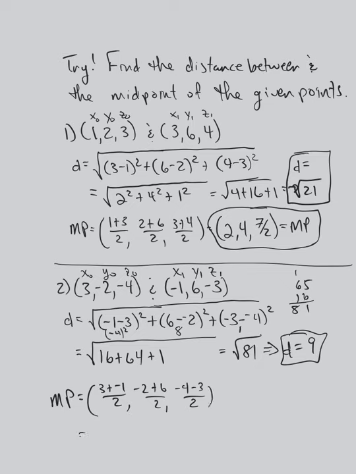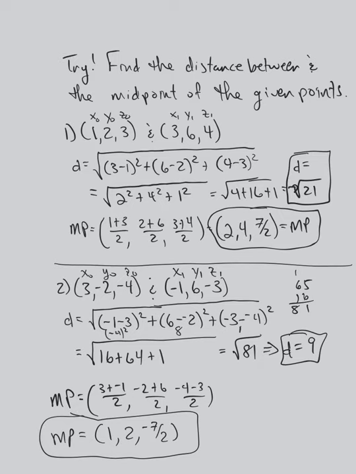So we have 3 minus 1, which is 2 over 2, that would be 1. Then we have -2 plus 6 is 4 over 2, which is 2. And then -7 over 2. That's interesting too. I really just made up these two problems off the top of my head. In the first problem we got on our z coordinate +7/2, and on the second one -7/2.